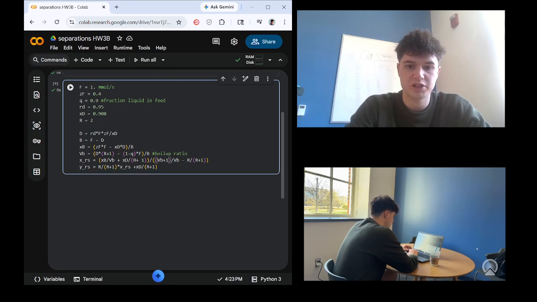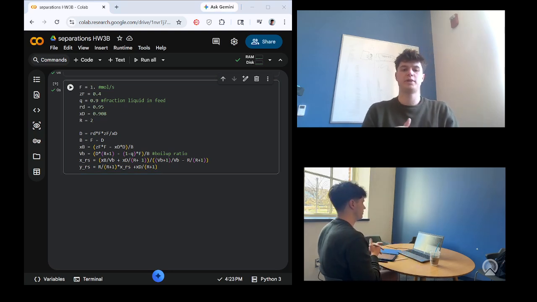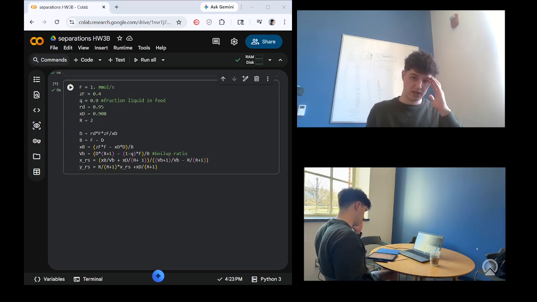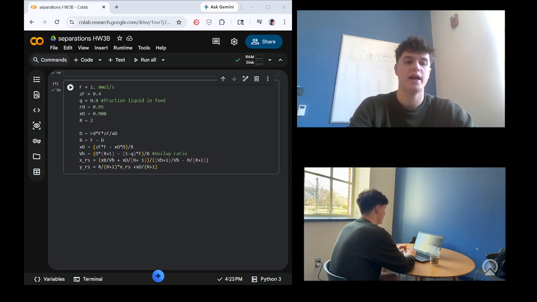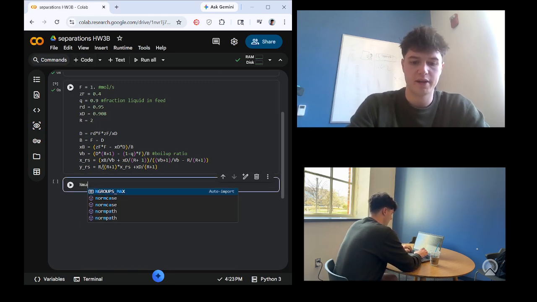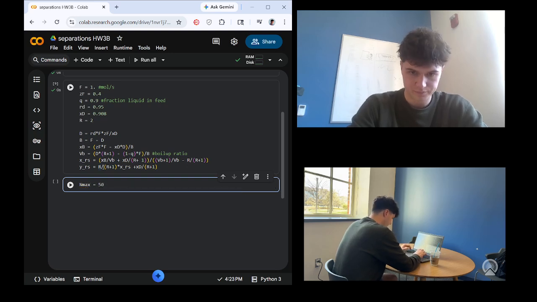So the next portion is just going to be some more variable definitions. This next portion is going to be our step function that is going to show you how many levels you need to achieve a certain desired value. And so here we want to set our n max equal to 50.